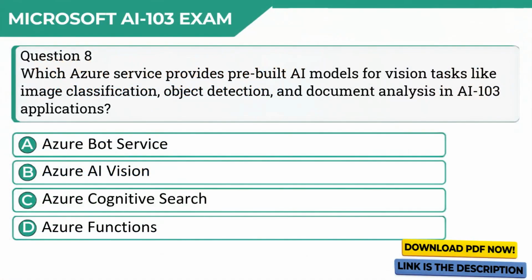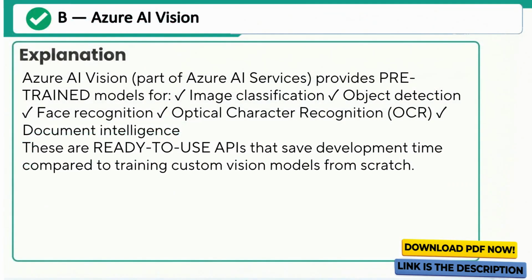Question 8. Which Azure service provides pre-built AI models for vision tasks like image classification, object detection, and document analysis in AI-103 applications? A. Azure Bot Service. B. Azure AI Vision. C. Azure Cognitive Search. D. Azure Functions. Correct answer, B. Azure AI Vision.